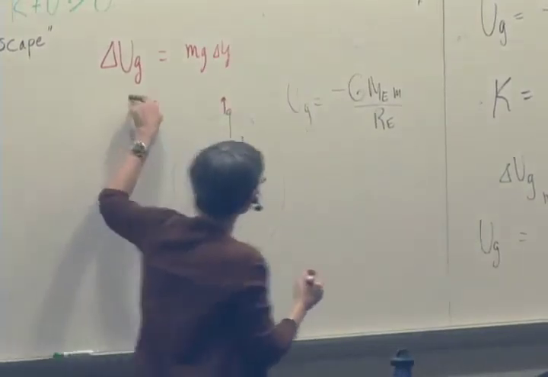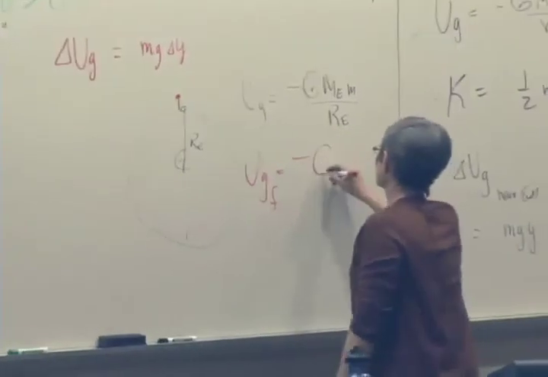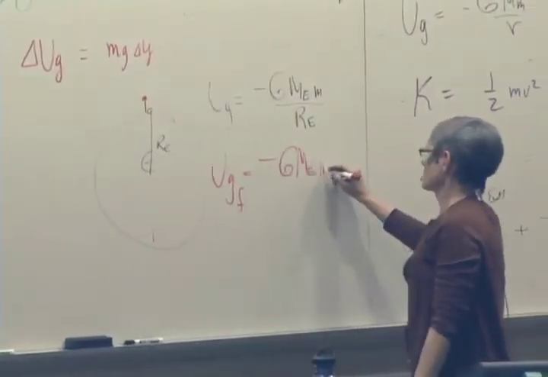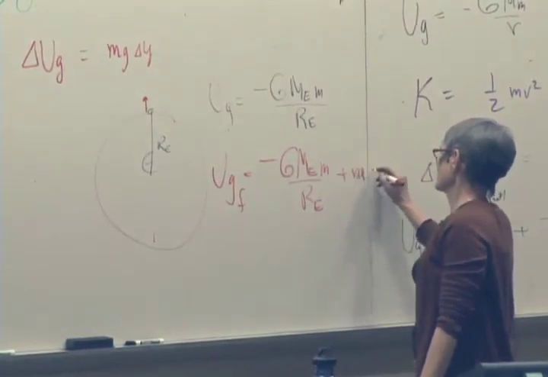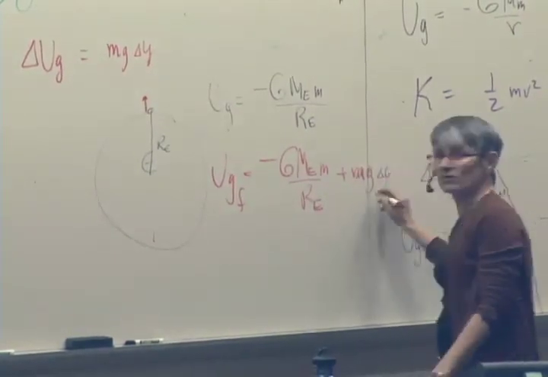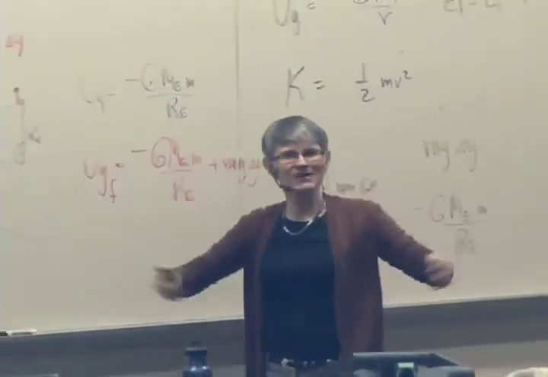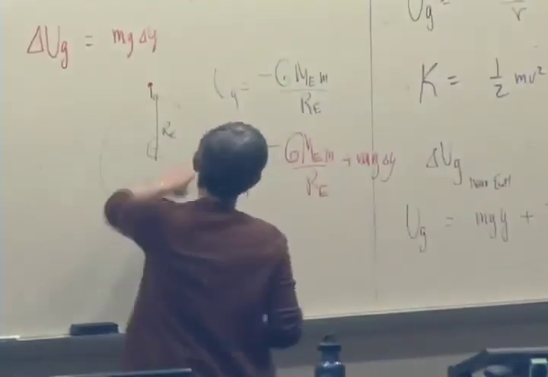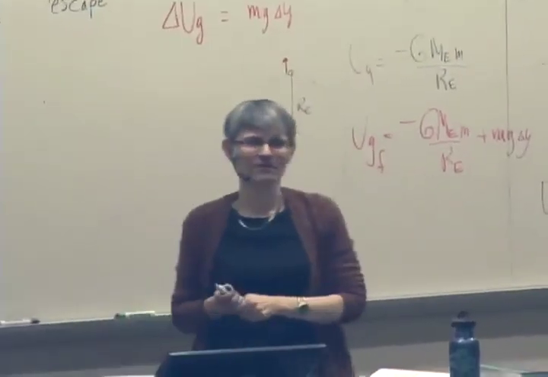And so now the final energy is going to be minus G, mass of the Earth, mass of the ball over radius of the Earth, plus mg delta y. But this is just annoying, so we usually leave it out and we just say, well, it's 0 here and it's mgy there.